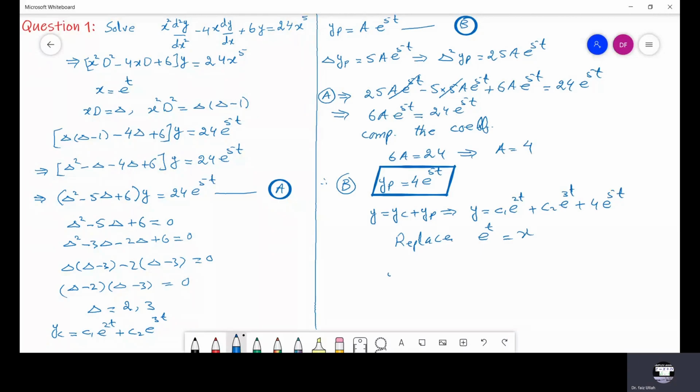So we have y is equal to c1 e²ᵗ, which is now equal to x², plus c2 e³ᵗ, which is equal to x³, plus 4e⁵ᵗ, which is equal to x⁵, and that is the required solution of this problem.